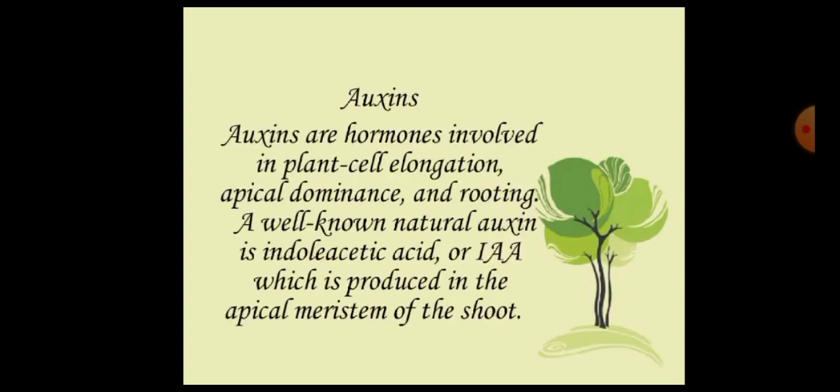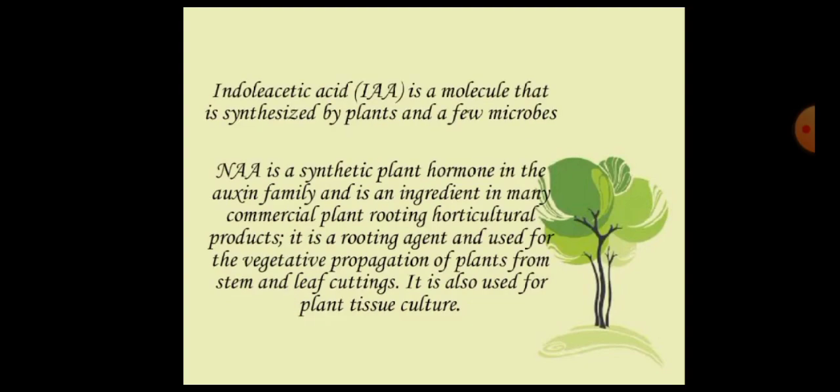Auxins are hormones involved in plant cell elongation, apical dominance, and rooting. A well-known natural auxin is indoleacetic acid, or IAA, which is produced in the apical meristem of the shoot. Indoleacetic acid, or IAA, is a molecule that is synthesized by plants and a few microbes.